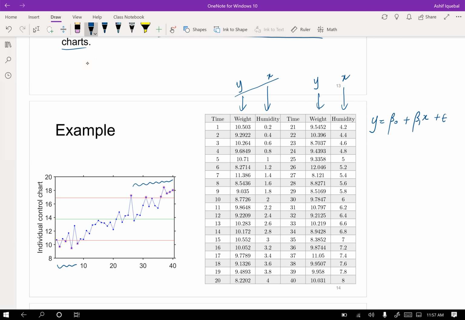If you had two variables, you can write down Y equals beta 0 plus beta 1 X plus beta 2 W, where, let's say, the third variable is W. Now we can use least squares to estimate beta 0 hat and beta 1 hat.